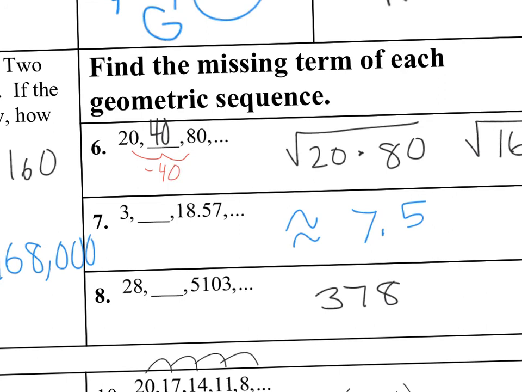And this number could be plus or minus 7.5. And this number could be plus or minus 378. There's not enough information. If you had more numbers right here, if you knew this was positive, then you would know that this one's positive. But if you knew that this one was negative, then this would have to be negative. But when you only have 3 numbers or 2 numbers and you're trying to find the number in between, you have to get the positive and the negative.